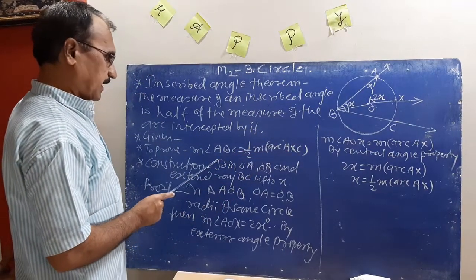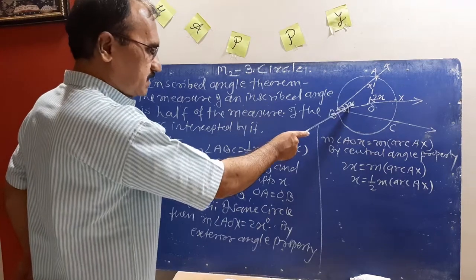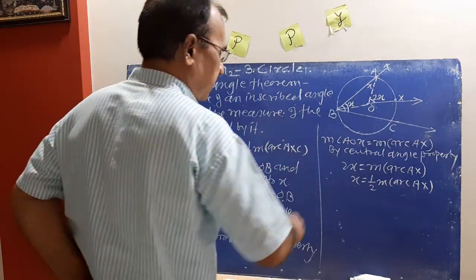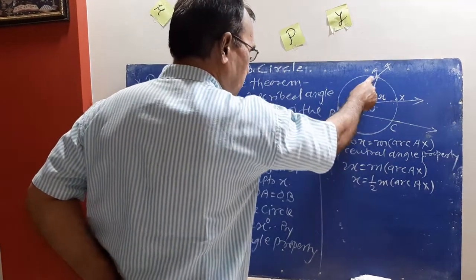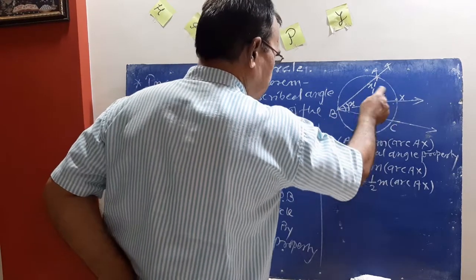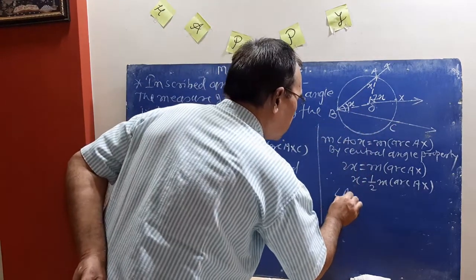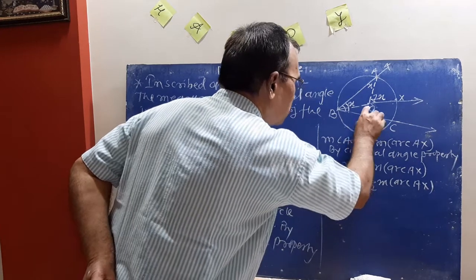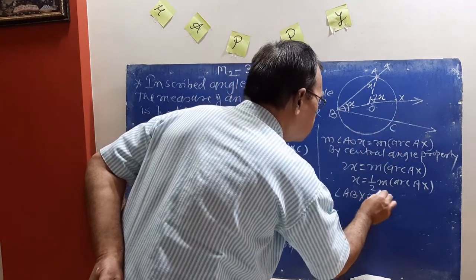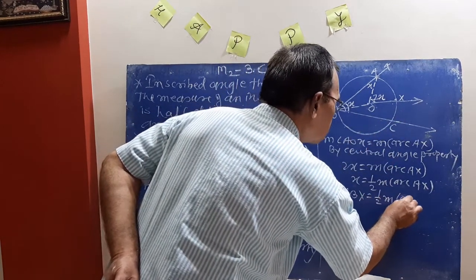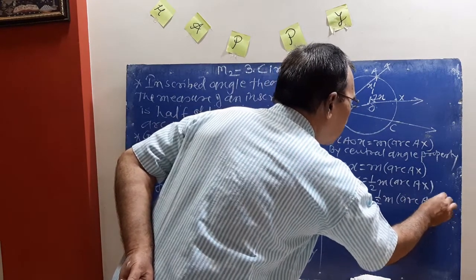Here we have to prove angle ABC, means this x is useful here, and this value of x is nothing but angle ABX. Angle ABO, means ABX, is equal to 1/2 measure arc AX.